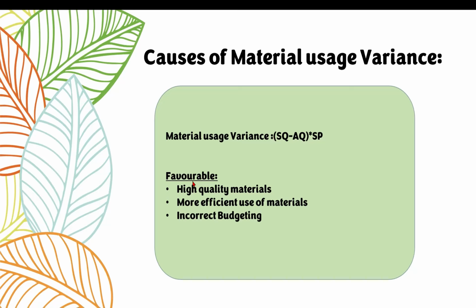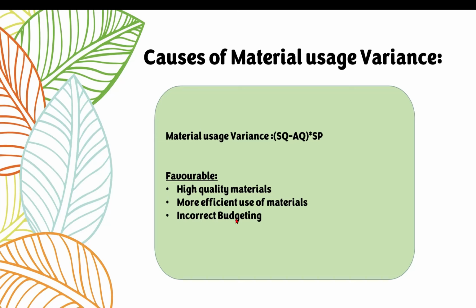So that could lead to the favorable situation. Again, more efficient use of material is the same as the first one, that you are reducing the wastage. That means actual quantity used is less, and that could lead to the favorable situation.